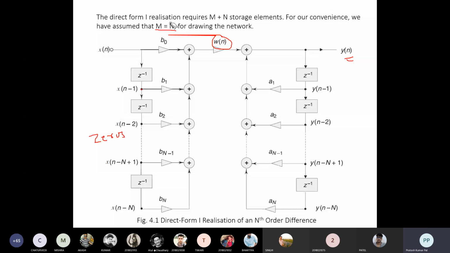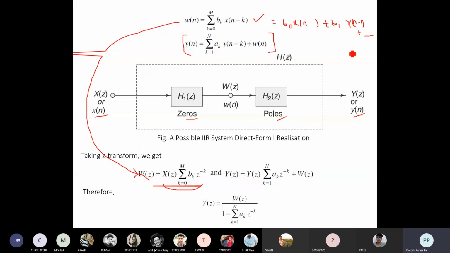So with M and N equal, at the last it will be y of n minus capital N, which will be multiplied by a constant multiplier and added to this, and we will get y of n. So this is called direct form 1. In direct form 1, we first realize the zeros, and then we realize the poles.